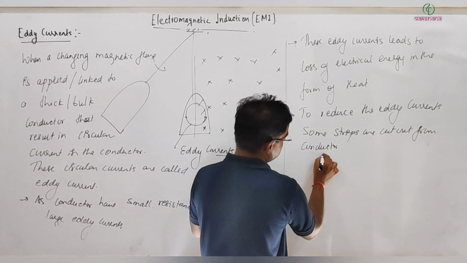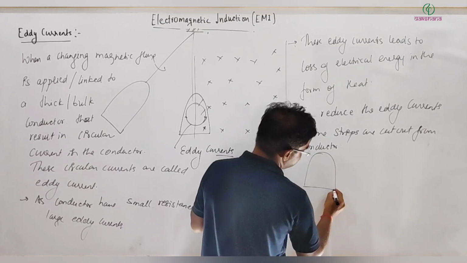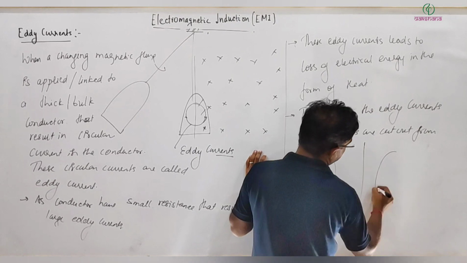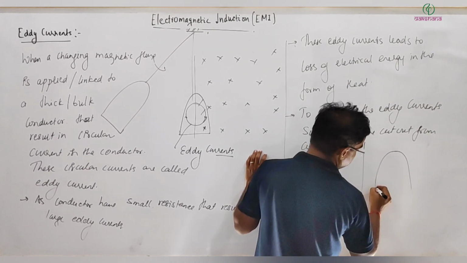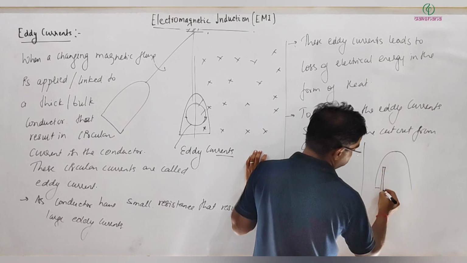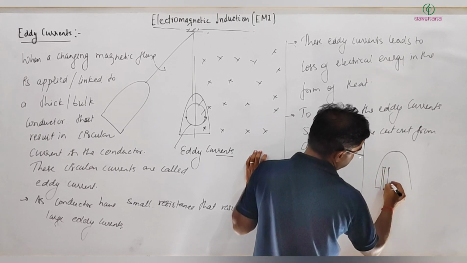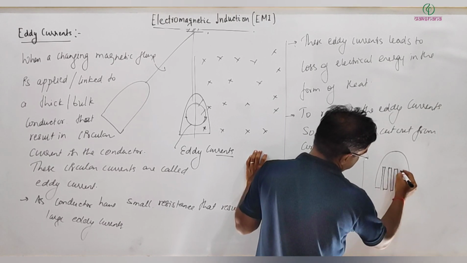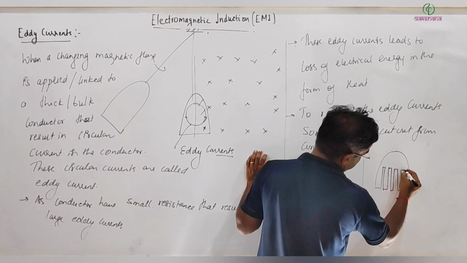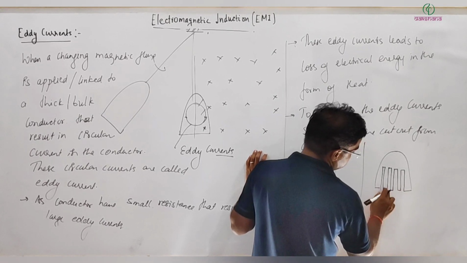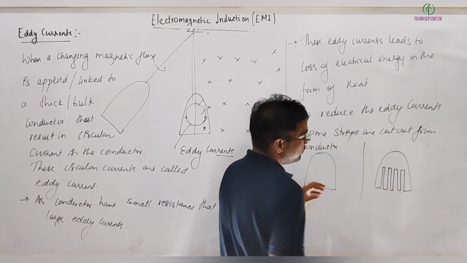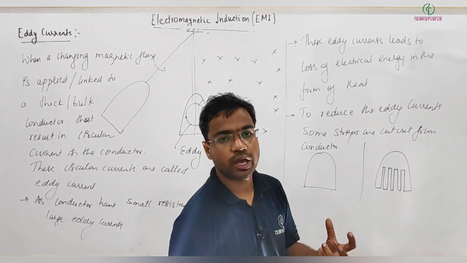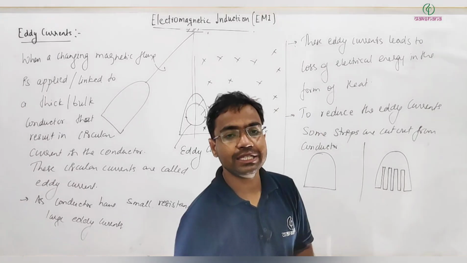Like if I say this is one conductor, and to reduce its eddy current, I am cutting these strips through this conductor. These strips will not allow current in large loops, and that will result in small current, and that way we can reduce the eddy losses.